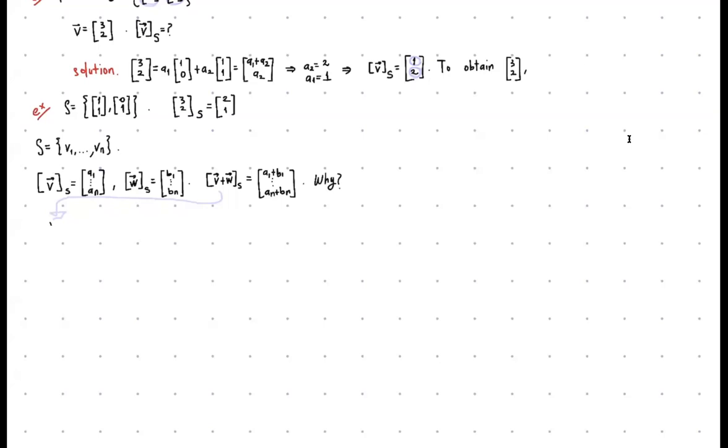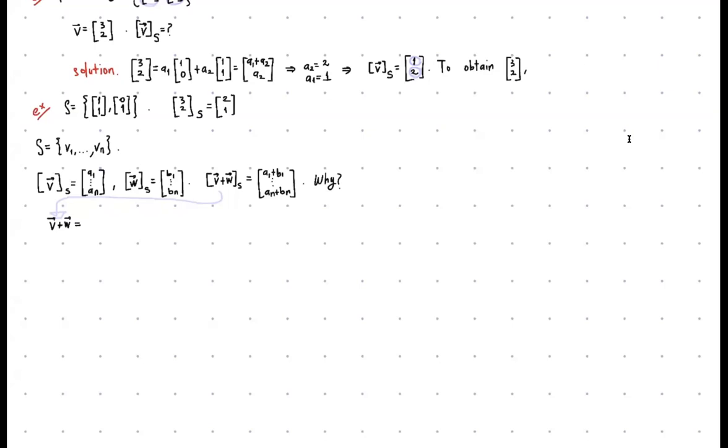And the coordinates of W being the B's means W equals B1 times V1 plus up to Bn times Vn.